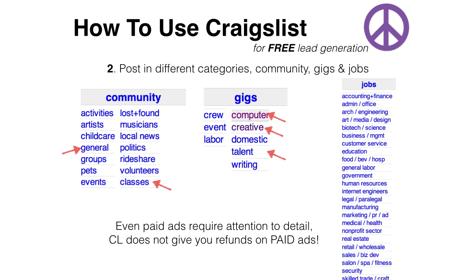Other than that, you have to pay $25 for an ad in the job section for a link to take people to your website or to your capture page. Again, just know that even if you pay for an ad, your ad still has to be squeaky clean, because if it gets flagged, Craigslist will not refund you at all.